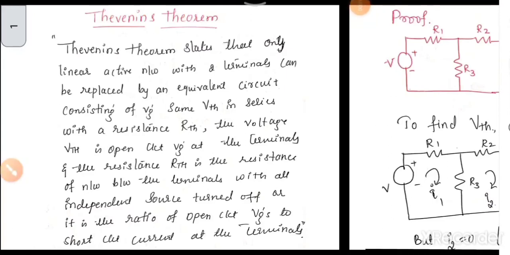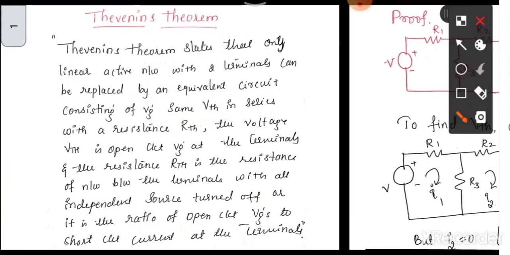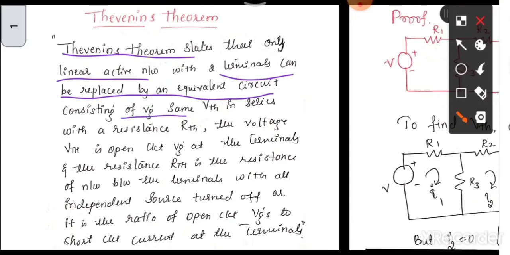Today we are going to see the next theorem, that is Thevenin's theorem. Let's start with the statement. Thevenin's theorem states that any linear active network with two terminals can be replaced by an equivalent circuit consisting of a voltage source VTH in series with a resistance RTH.